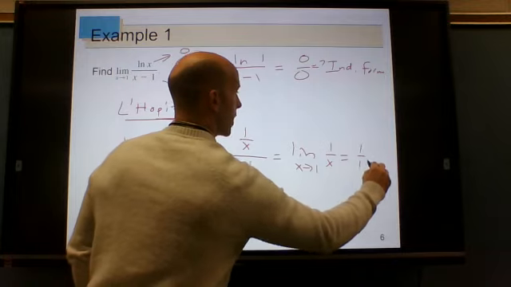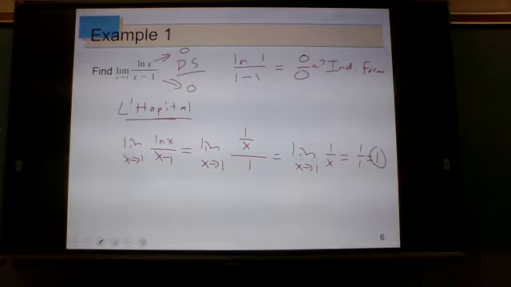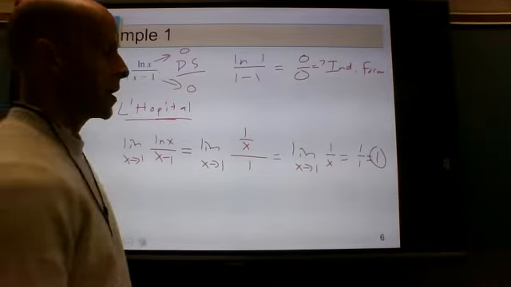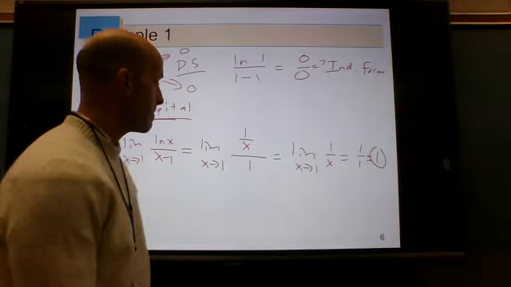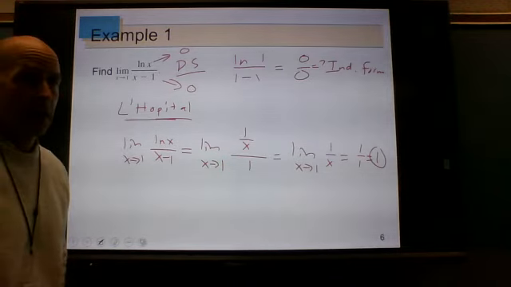So clearly now we can just do a direct substitution here and we get the final answer of 1. So this is an easy example, probably the most basic example I can think of for using L'Hopital's rule. Okay? So the answer for the limit for example number 1 is 1.